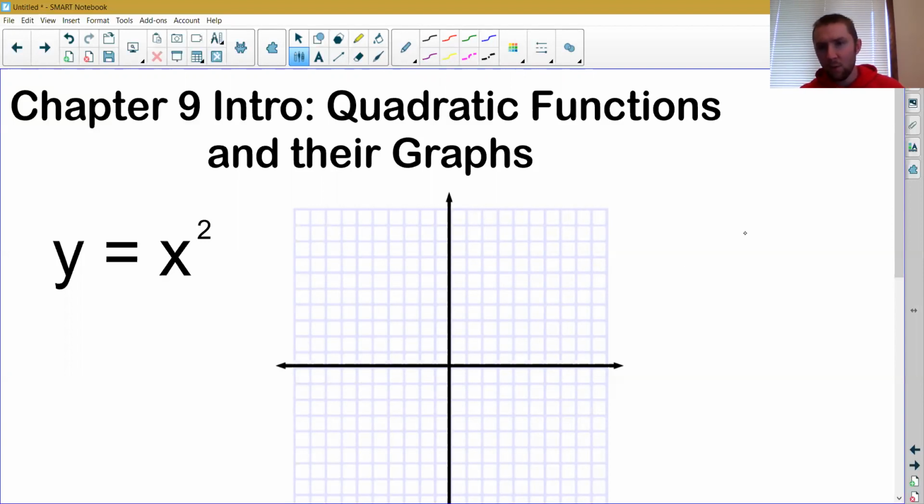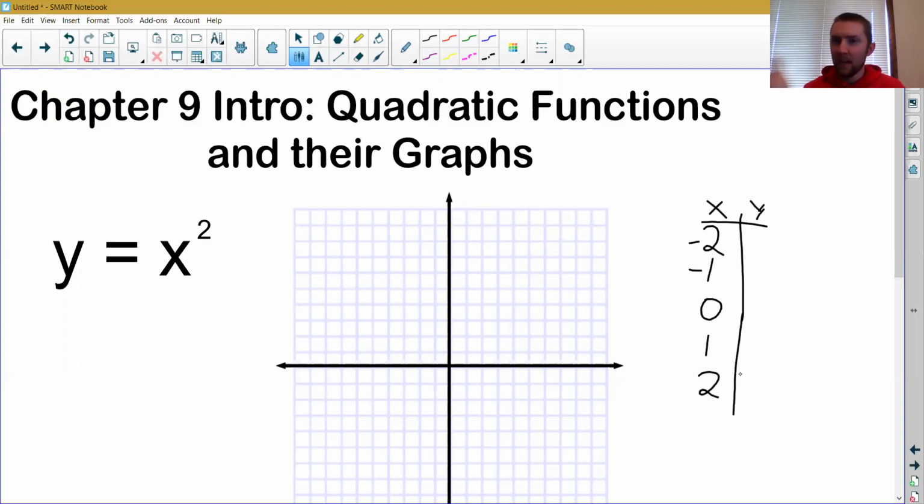So if I start making myself a table of values for this equation, y is equal to x squared, with our normal x values, -2, -1, 0, 1, and 2, we get a vision of what's happening on either side of our 0, 0 point.